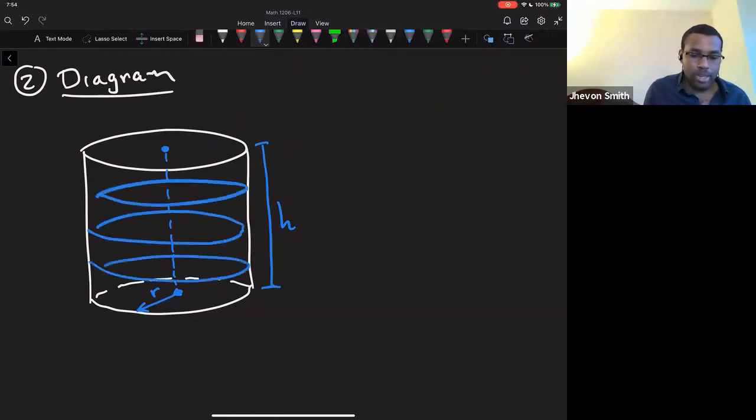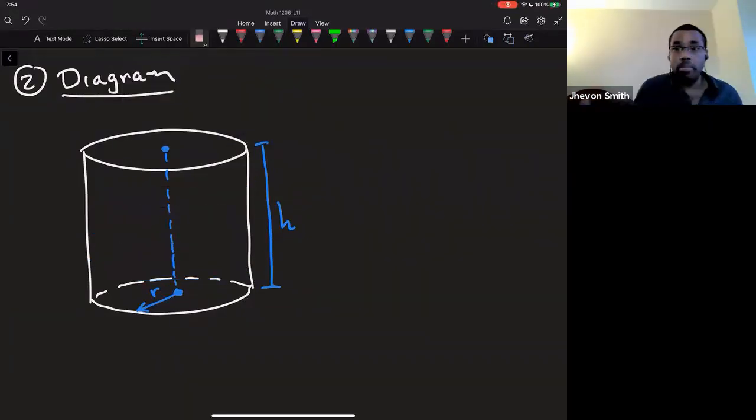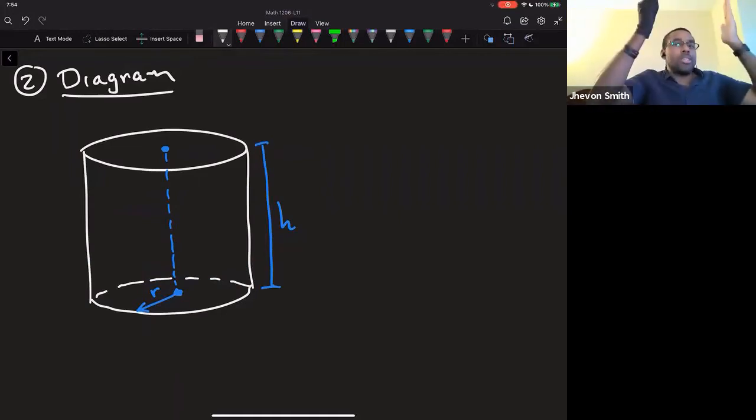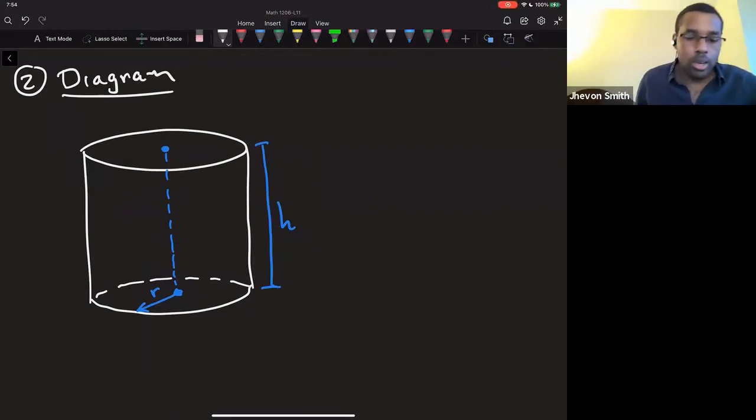So it's the same shape being propagated along some length. I know how to find the volume of such a thing: the area of the base times the height. So that would actually get you the relationship once you draw it and realize it's the same shape running along some axis.